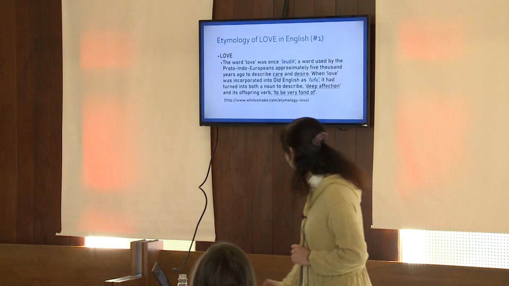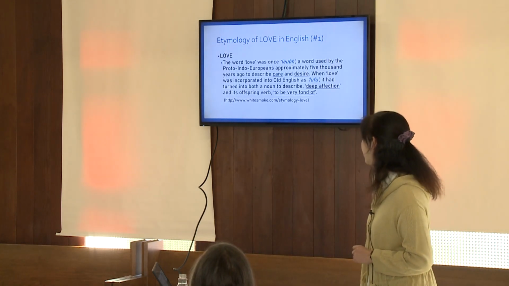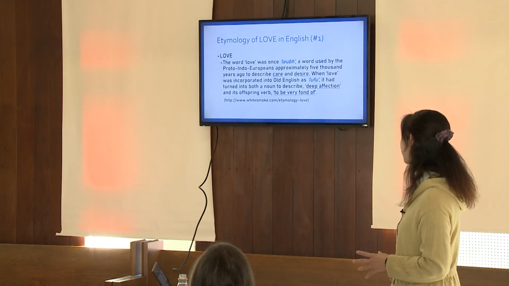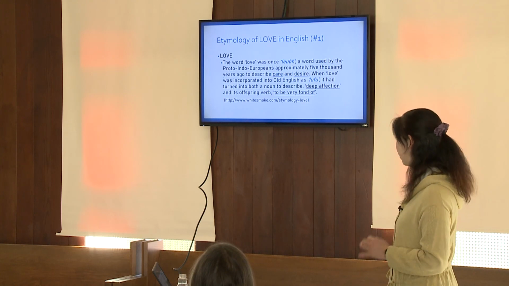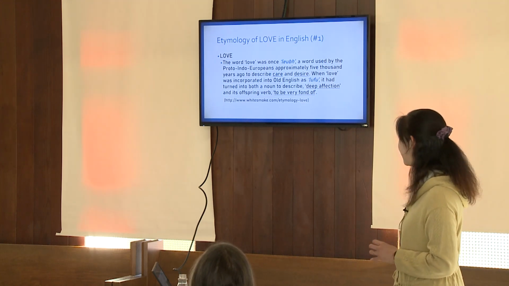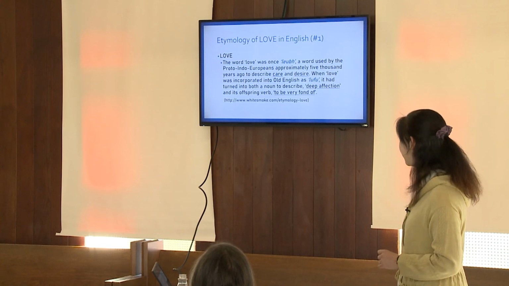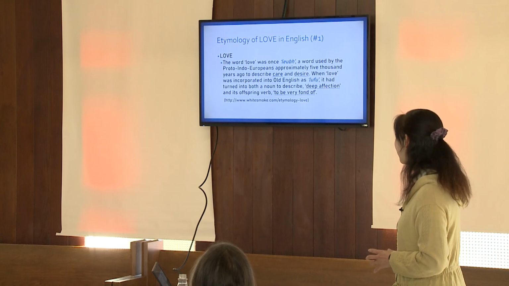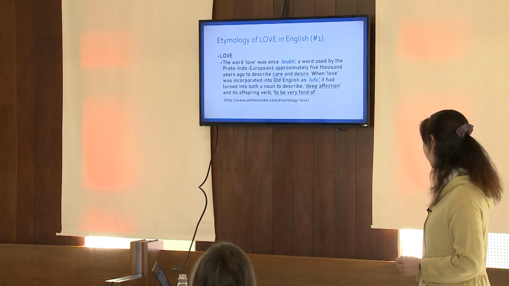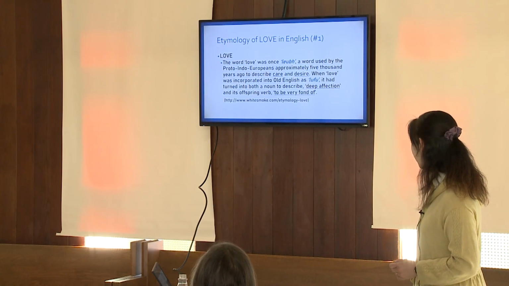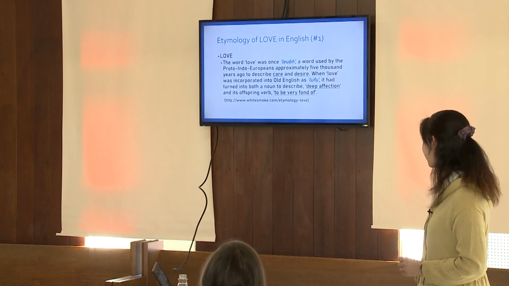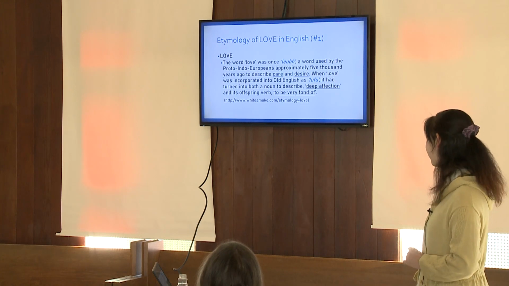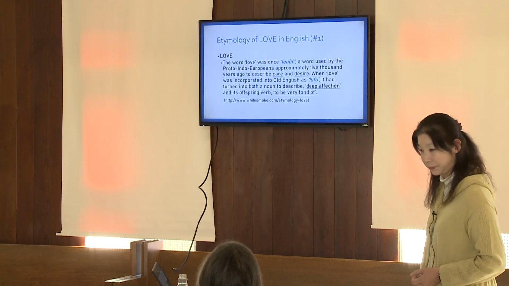I looked it up on a website and it says the word love was once luv, a word used by the Proto-Indo-Europeans approximately 5,000 years ago to describe care and desire. When love was incorporated into Old English as lufu, it had turned into both a noun to describe deep affection and its offspring verb to be very fond of.